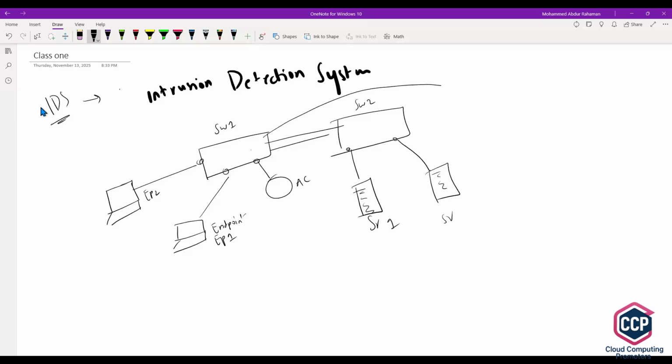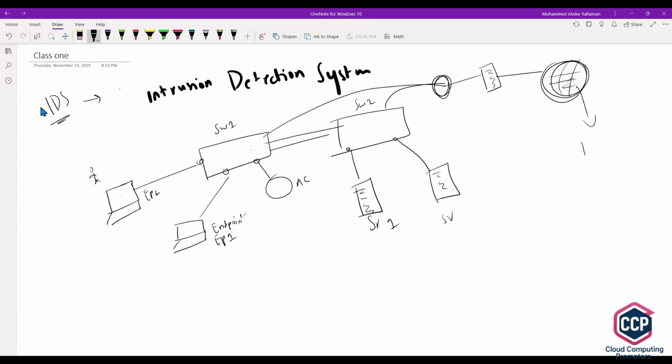One more thing, it will be connected to a router, then it will be connected to a firewall. Then you will be connecting to the internet. From here you will be accessing, like everything is accessible from the internet. So here is a person, and what he is doing is accessing a website.